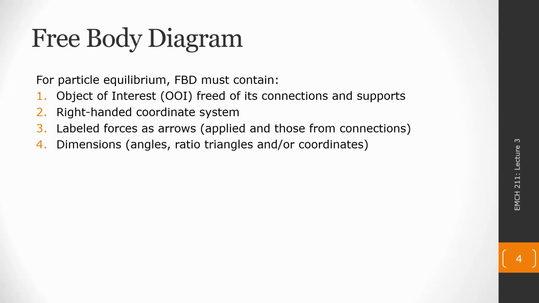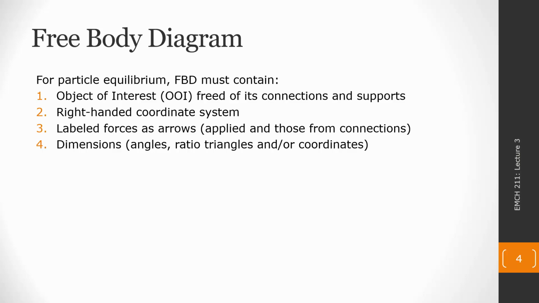And finally, we need to include dimensions here. In 2D, commonly we are going to need to include angle measurements as measured from the coordinate system that we've established. Or alternatively, we might find a ratio triangle useful to establish the direction of forces or distances in our picture. Or it might be useful to use actual coordinates.